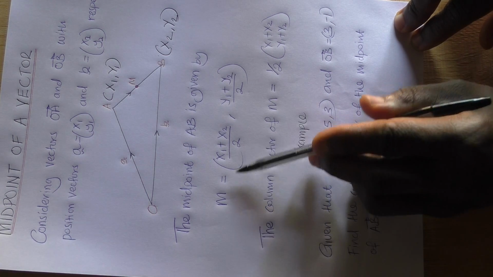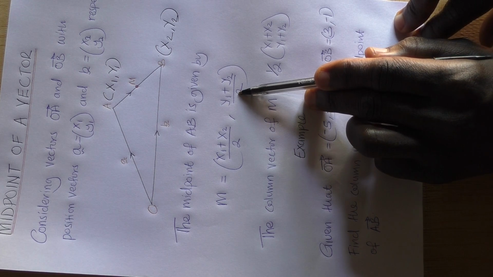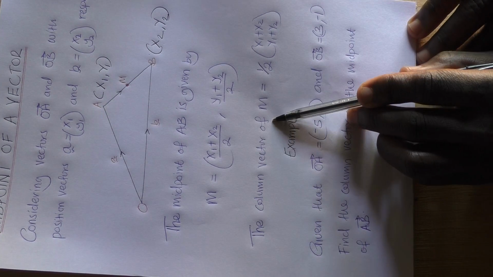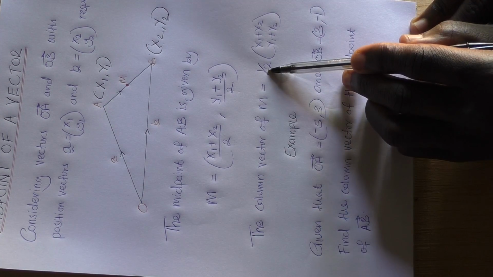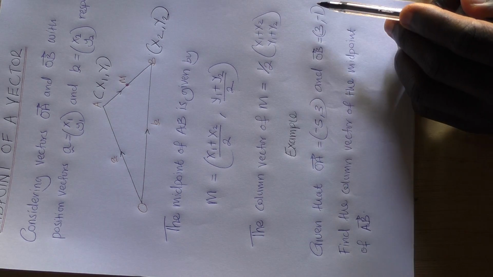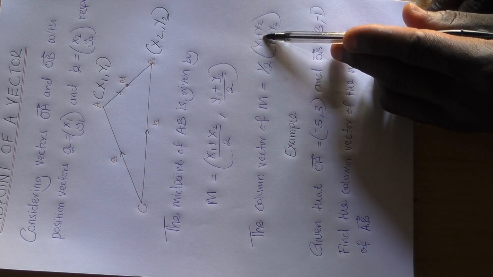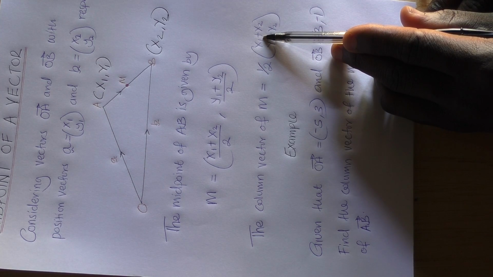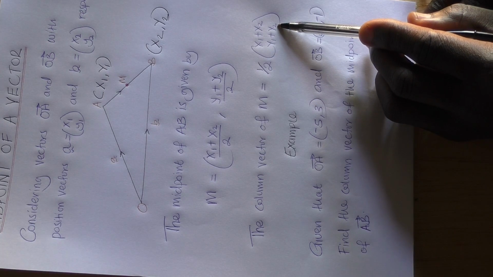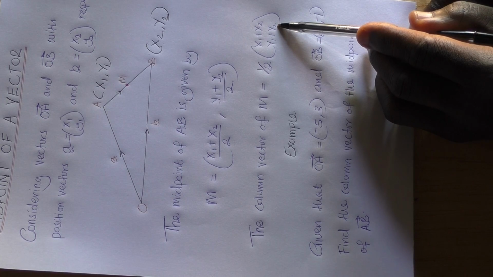So, this is how we get point M, which is the midpoint. Then we can write point M in column vector form. That is, the column vector of M will be given by a half of x1 plus x2 at the top of our column vector, and y1 plus y2 at the bottom of the column vector.